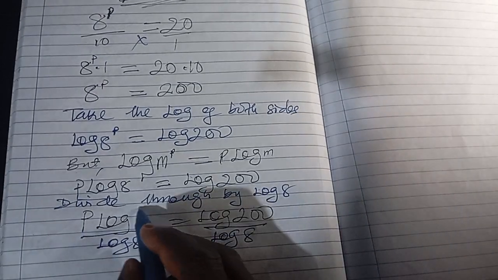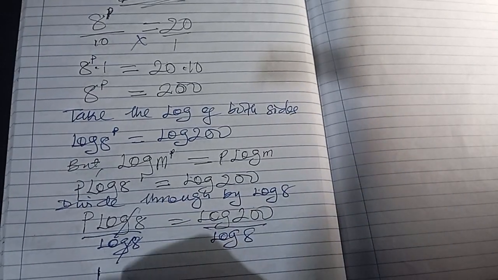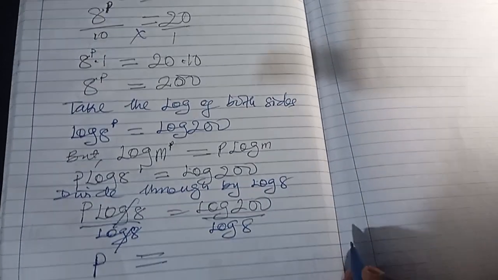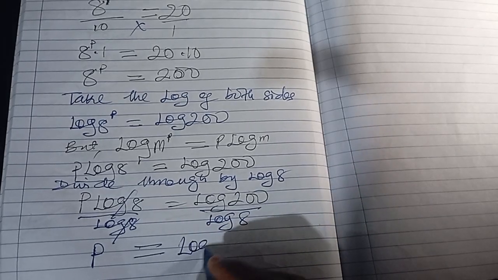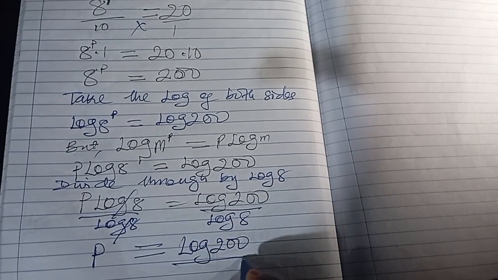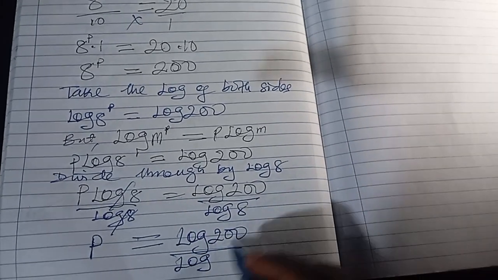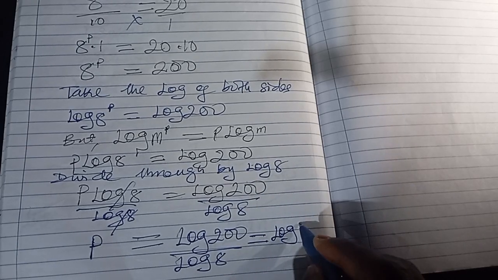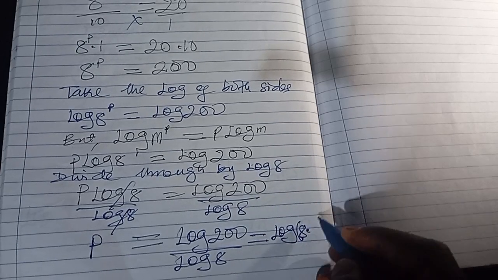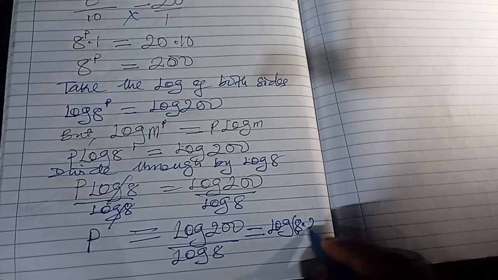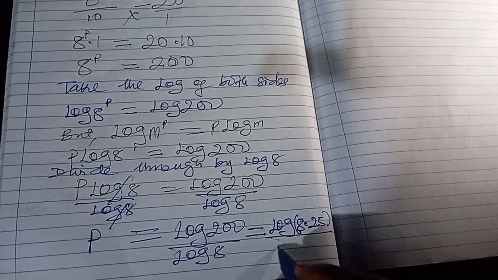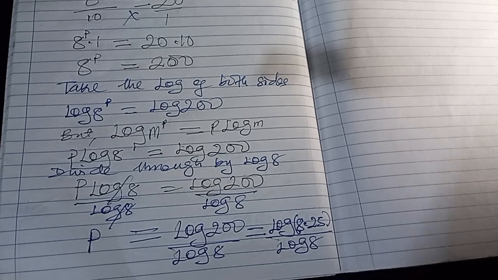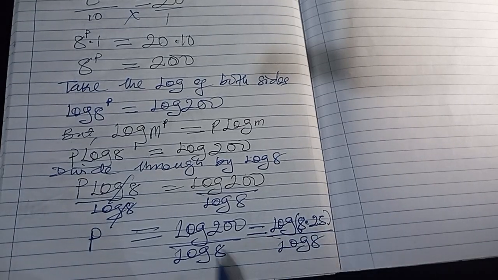Good. So this can now cancel. We have p is equal to log 200 divided by log 8. But can we still have log of 8 multiplied by 25 divided by log 8 as p, because 8 times 25 will still give us 200.